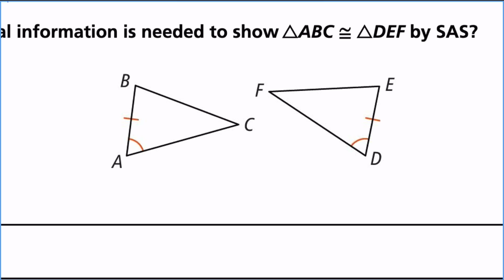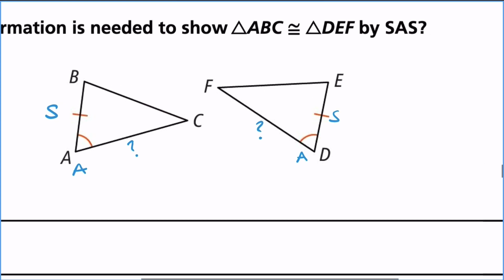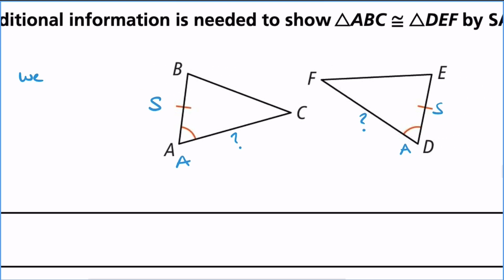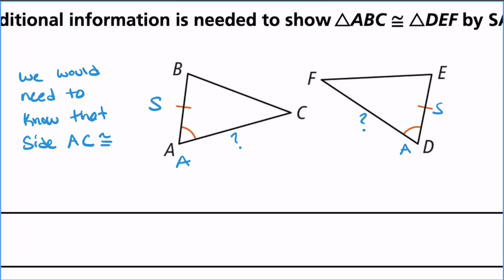So for this, I start with my side, I start with my angle, I start with my side, I continue on to my angle, and this is the side that's missing. Here I have side, and I have angle, and this side is missing. So the answer to this would be, we would need to know that side AC would be congruent to side, I said AC, so I would have to say DF.